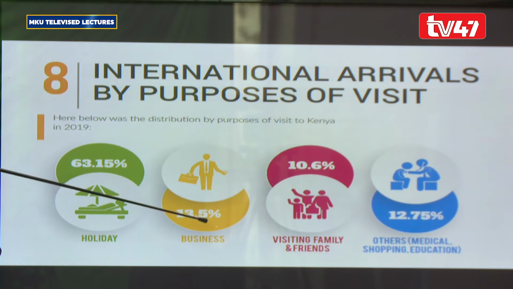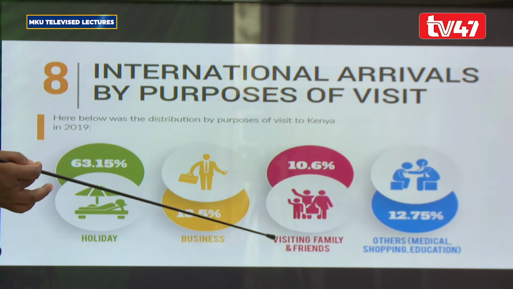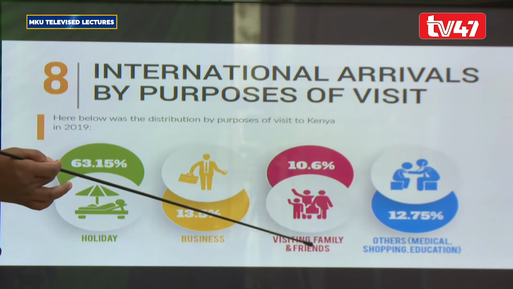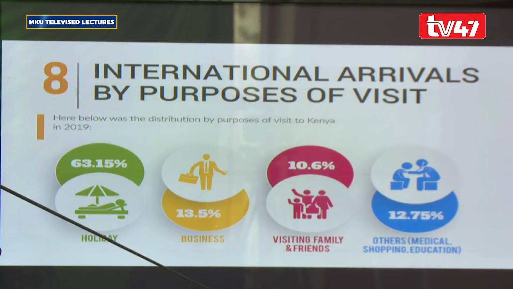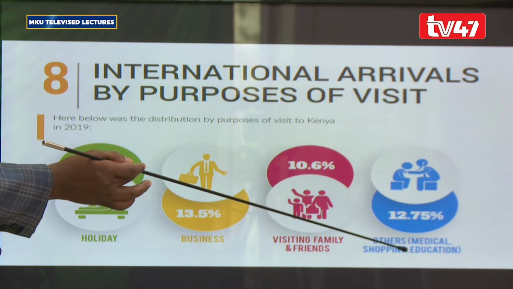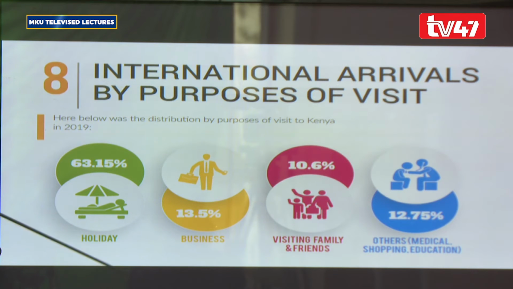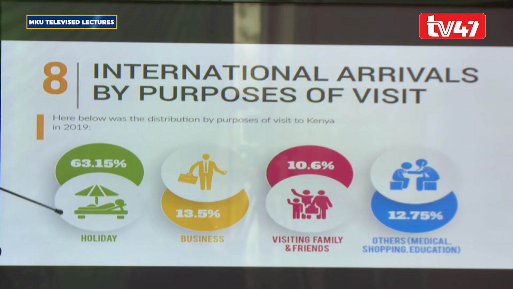Then 13.5% came for business. Then 10.6% visited through what we call VFR, visiting friends and relatives, and others like medical and education comprise 12.75%. So this means that Kenya is a top holiday destination, not only within sub-Saharan Africa, but within Africa and on the global front.